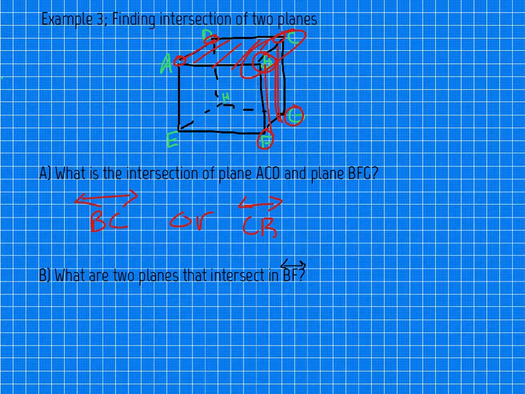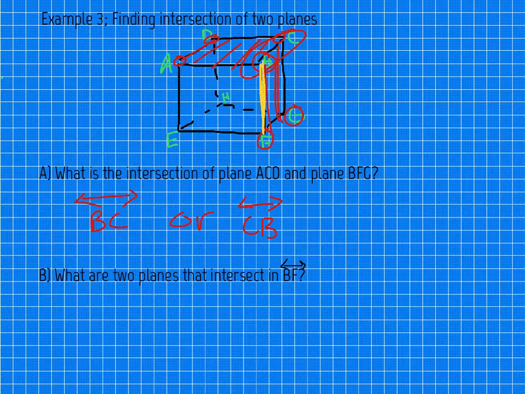So for this next one, we are going to be given a line BF, and we want to know what planes that intersects. So we have the line BF.